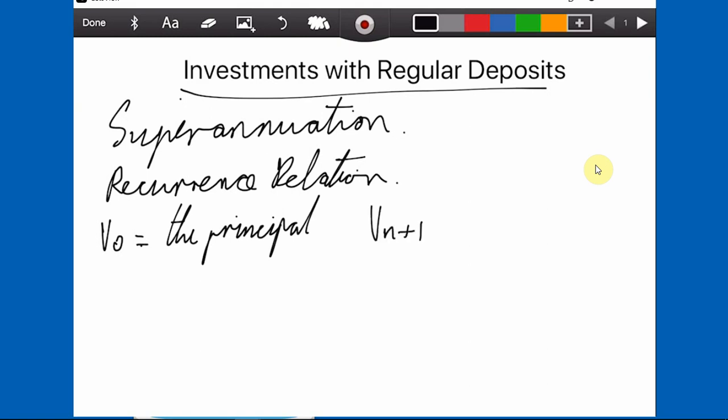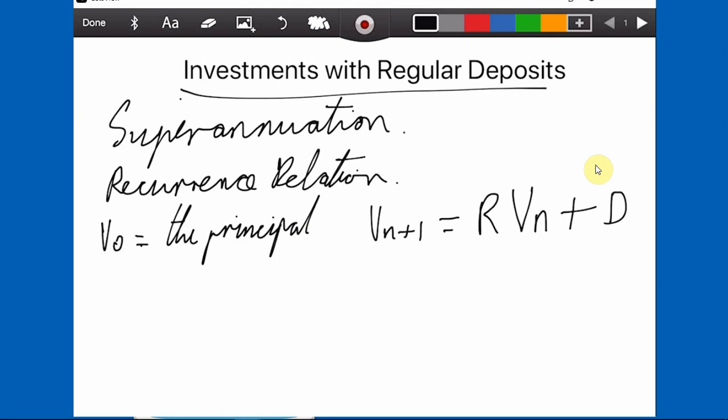And then the next month's value is this big R, which includes the interest earned, times the previous month's value, plus the deposit that we put in. That's if it's monthly, of course, depending on whatever the compounding term is.